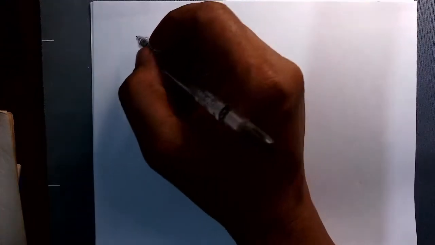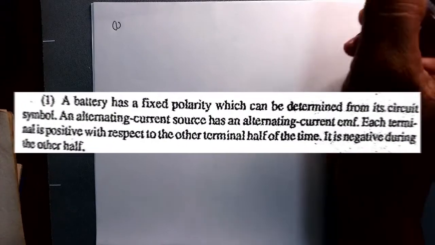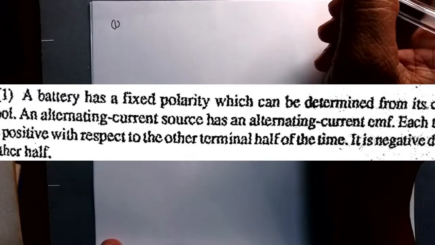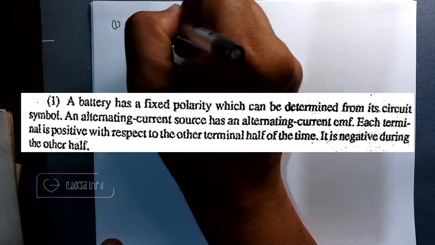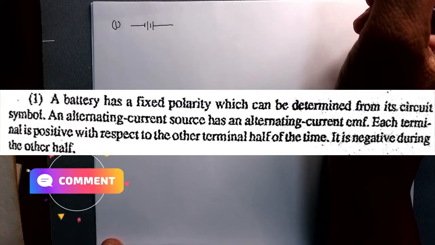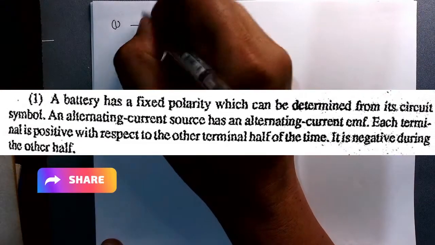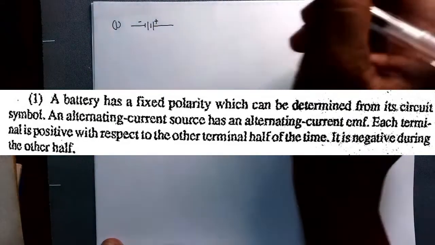The first one that we should know is that the battery has a fixed polarity, and this can be determined from the circuit symbol. For instance, this one is a DC voltage source, in which we identify the short segment as the negative and the longer one as the positive.